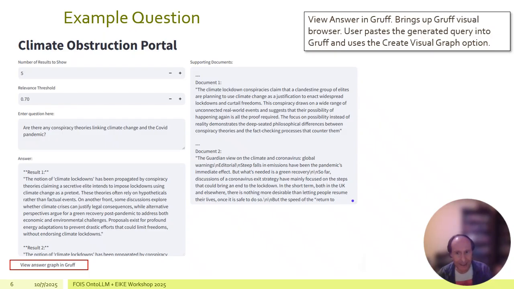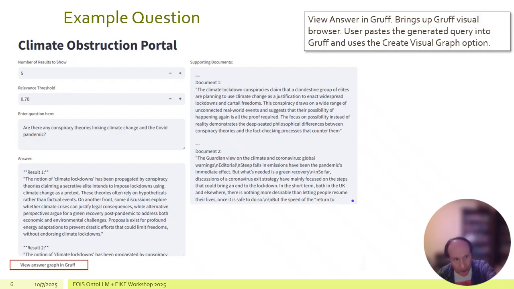It shows how broken our system is, because it's a ridiculous conspiracy theory that was formed on essentially no real solid information, but was used by people to spread doubt and confusion about climate change. And you can see both the answer and the supporting documents are scrollable. So we got a couple of answers and the supporting documents.